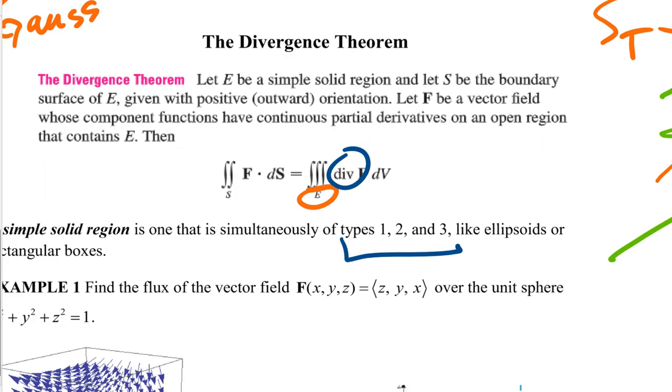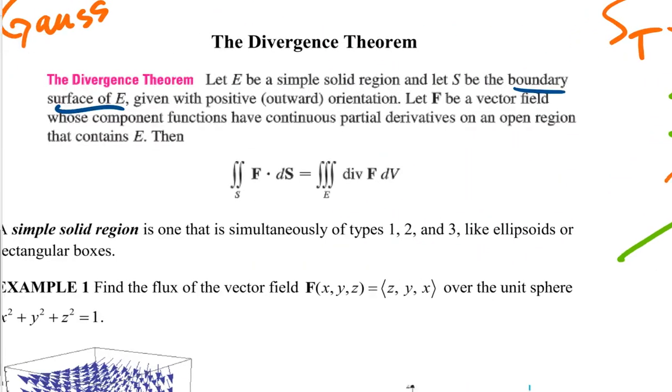It doesn't have some really complicated formula where you have to use implicit functions. And S is the boundary surface of E. So the boundary surface, not the boundary curve, but the boundary surface of E. So it's the outside part.